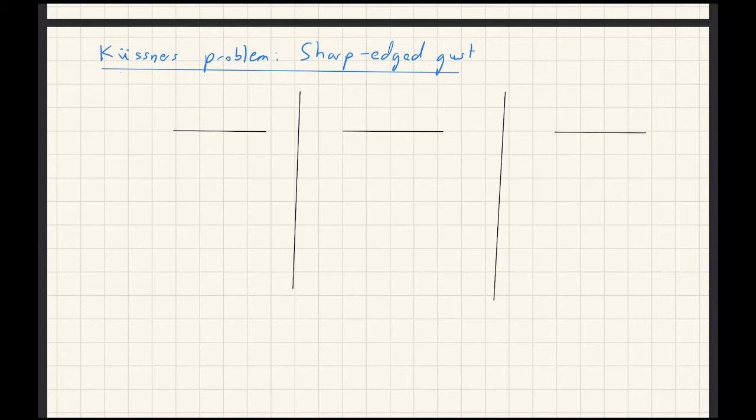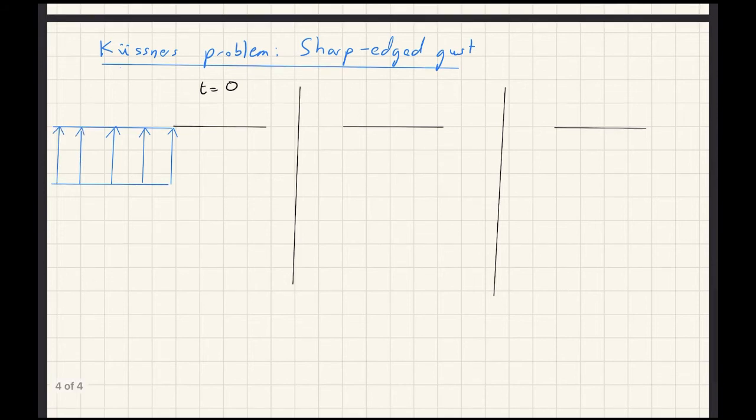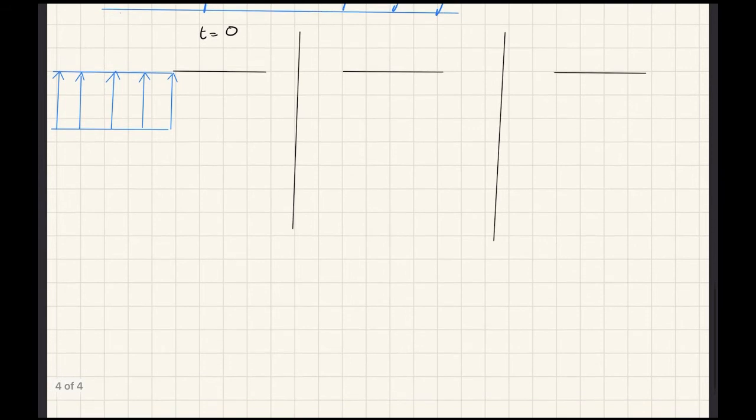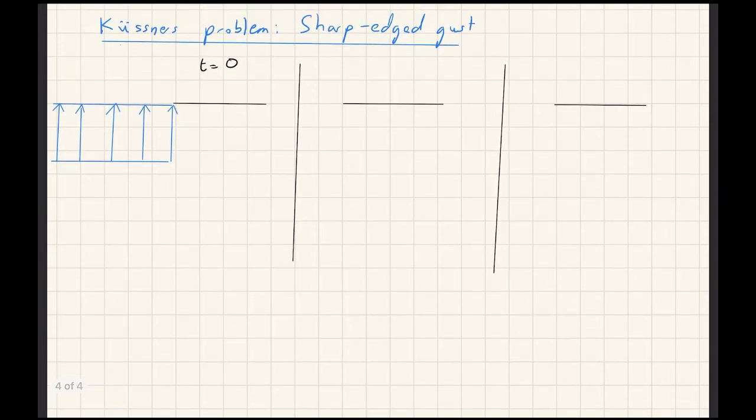At t equal to 0, you have a wing that is entering a gust. Well, in more accurate terms to this model, the gust moves towards the wing with a free stream velocity u.